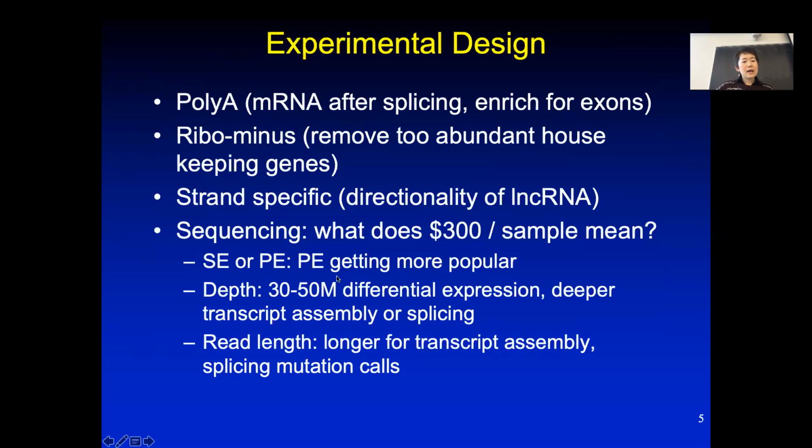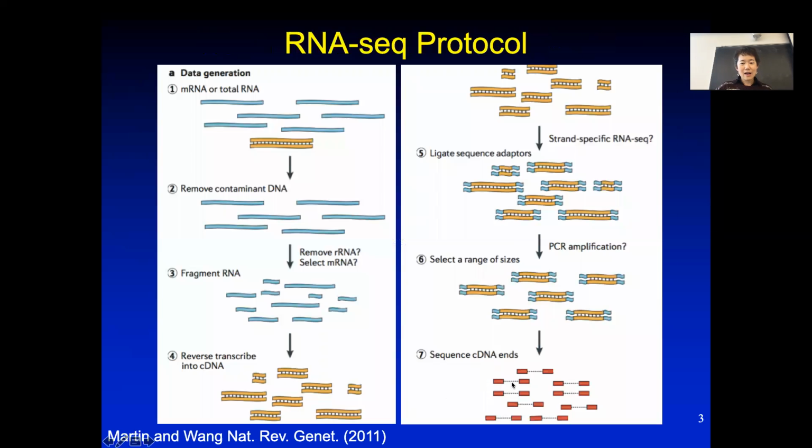Also, if it's, say, 30 million reads for paired end sequencing, that is 15 million fragments, because you get 15 million reads on one end of each fragment, and then 15 million reads for the other end of each fragment.